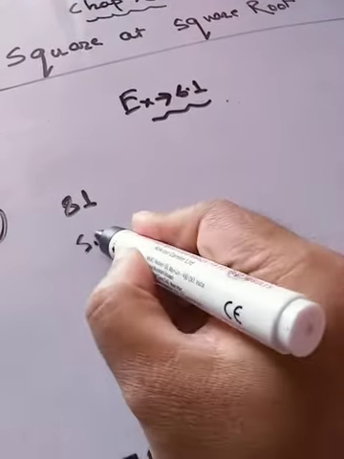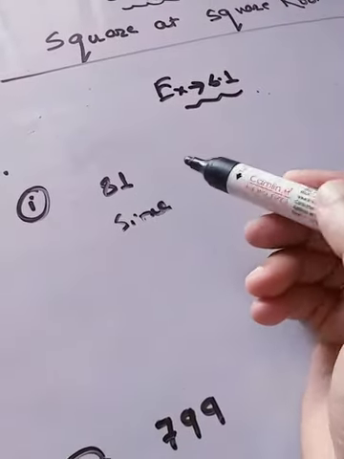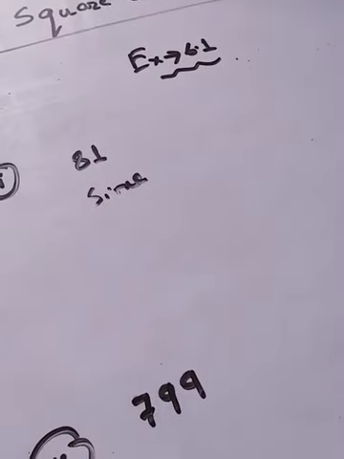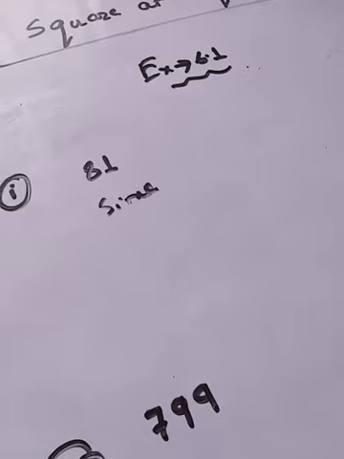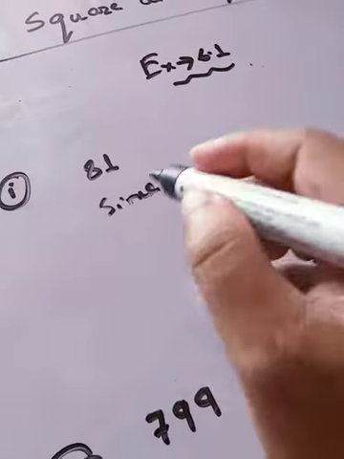Since, as you remember that I said, any digit which carries 1 as a unit digit, how will the square end with the unit digit? Do you remember? 1 and 9. Okay, let us revise again.